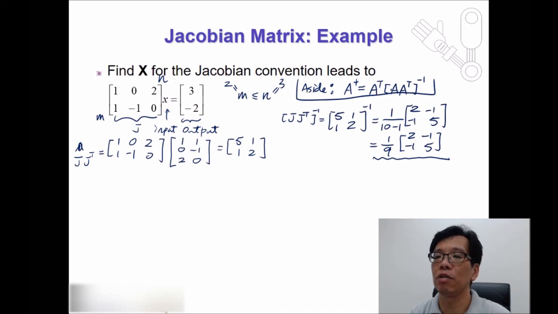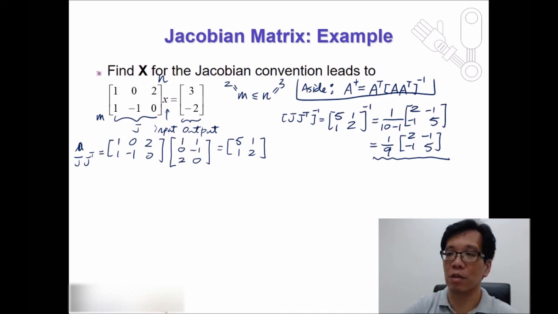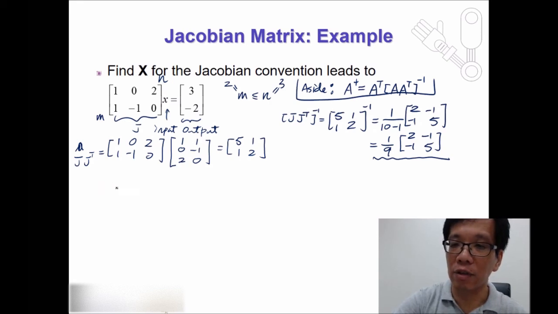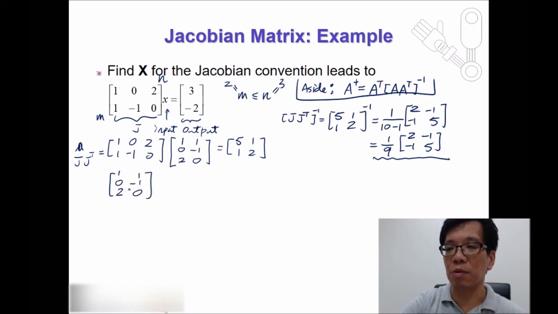Now, in order to find A plus, or the inverse of my Jacobian matrix, I'll have to take 1, 0, 2, 1, negative 1, 0, the transpose of the Jacobian, like this one, multiplied by the inverse matrix.